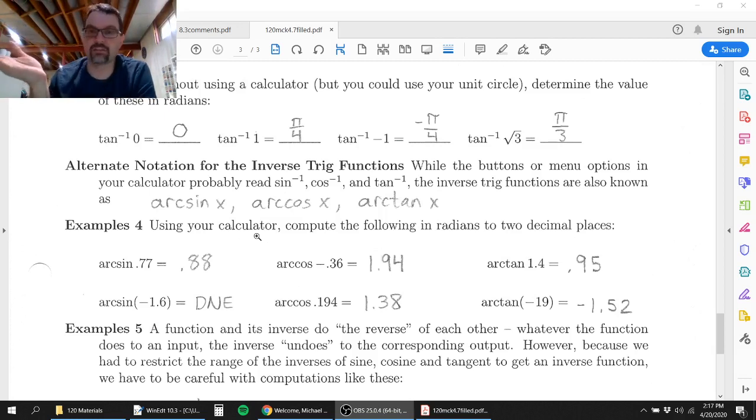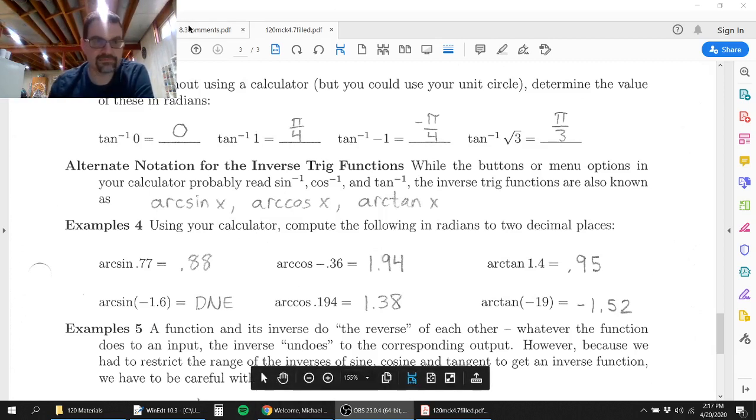Adding 3 and subtracting 3 are inverse functions. So taking a tangent of an angle and then doing the inverse tangent of that result should get you back to where you are, with some restrictions based on the domain and range issues that these functions have. So let's just go down through these guys.